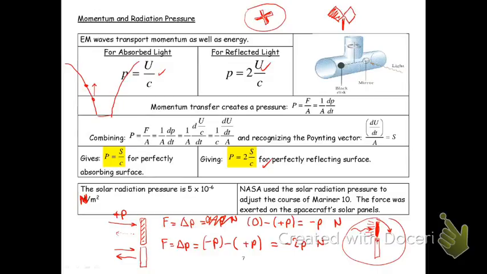So what they did was, somebody had this really bright idea about, if we have our two solar panels and they're both facing the sun because they want maximum electricity, if I just turn one of them so that it's on edge to the sun, I'll get this 5 micronewtons per square meter.